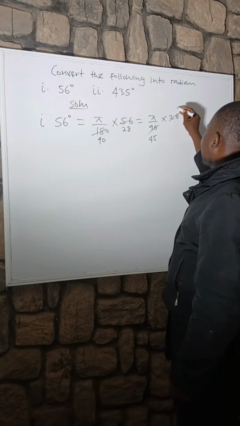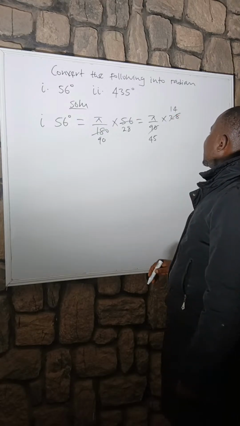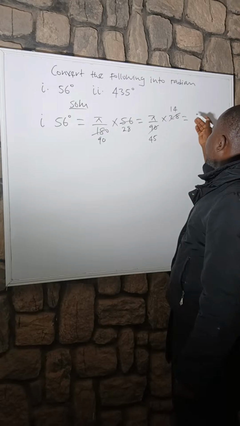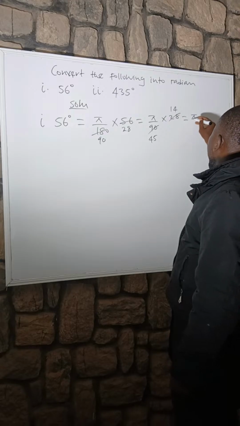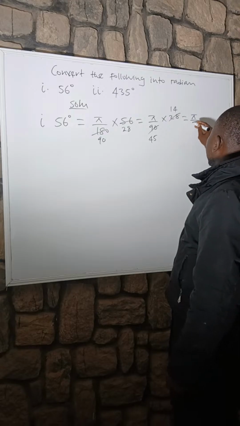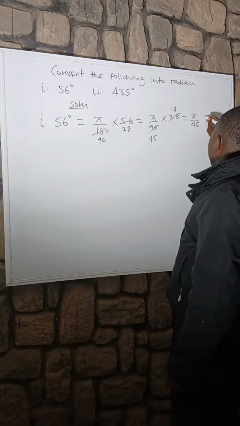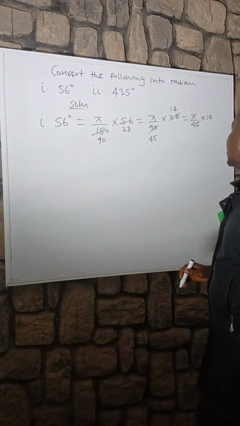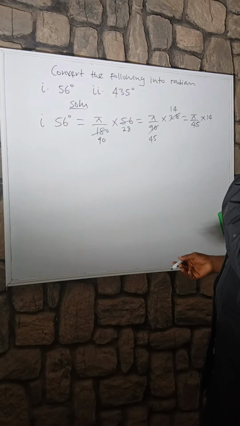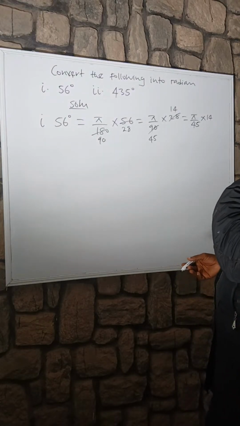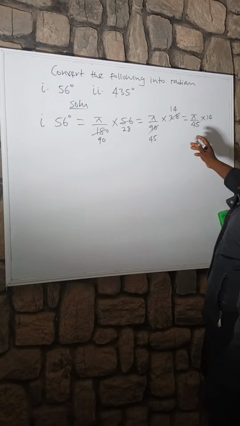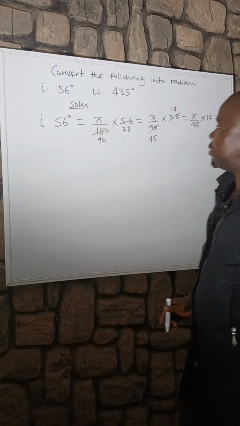So we can leave it this way: 30 pi all over 45 times 14. Yeah, we can leave it this way, no problem. But if you want to say 14 pi all over this, is no problem.